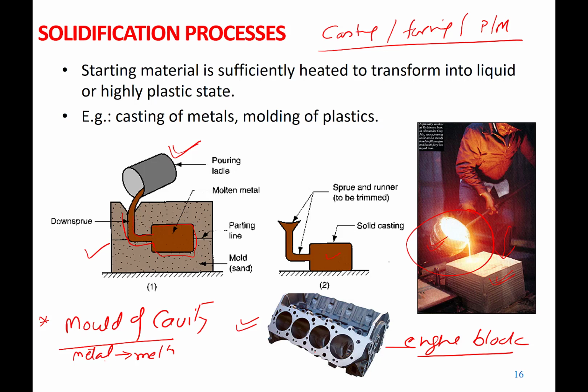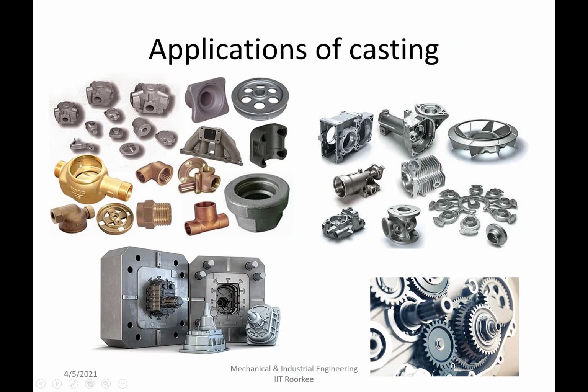This primary forming process by the casting route can be used for metals or for plastics.